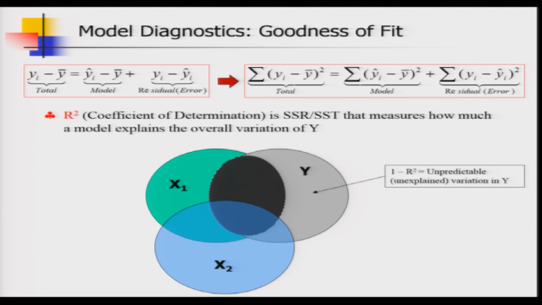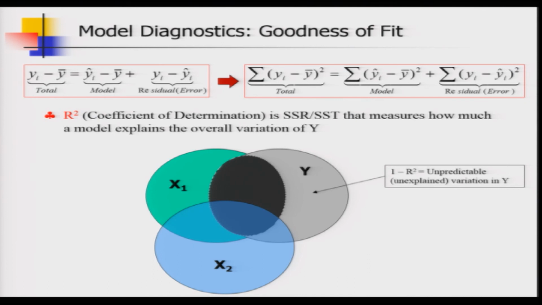But there is also another component, which is the intersection of the x2 circle and the y circle, in light blue color, that also contributes to the R square computation. What is left is colored in gray.